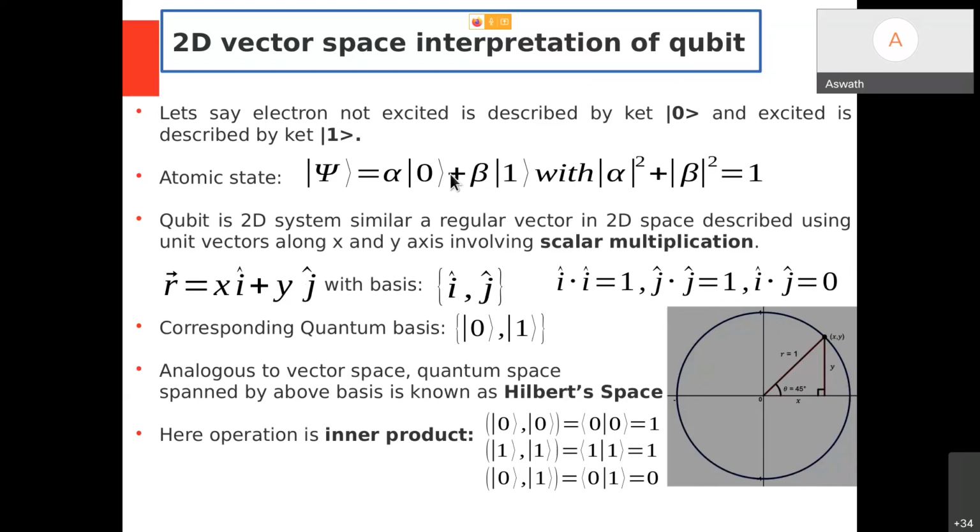Similarly, this vector will span some kind of two-dimensional space, based on the base vectors 0 ket and 1 ket, just like i and j, right? With the dot product operation here, there should be some operation there. Right now I'm giving a name for that operation: some kind of inner product. So let me understand that, the inner product, in the next slide.